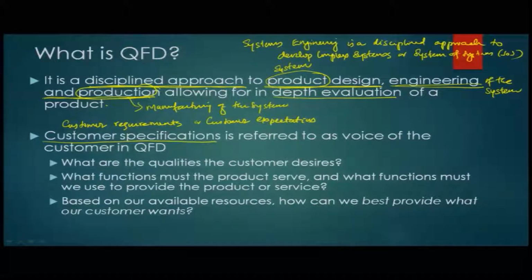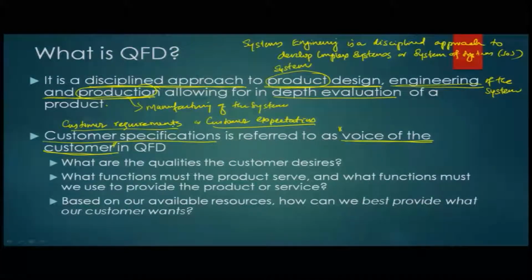It is referred to as the voice of the customer in QFD. So in the quality function deployment tool, whenever you mention the phrase voice of the customer, it is exactly the same as the customer specification, customer requirements or customer expectations.